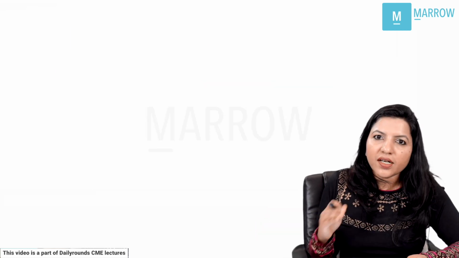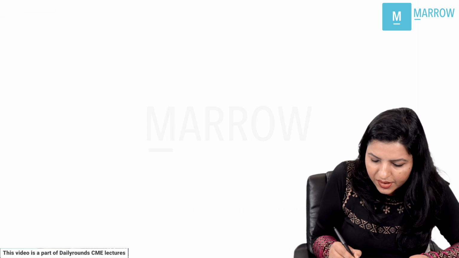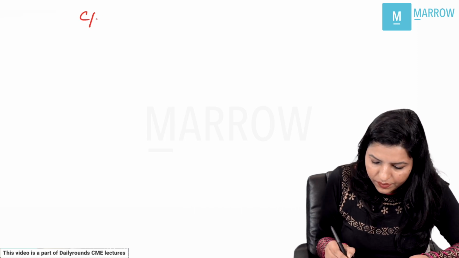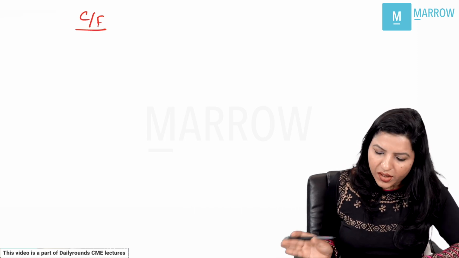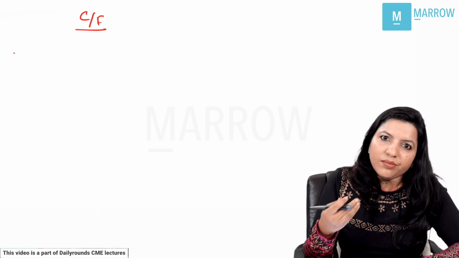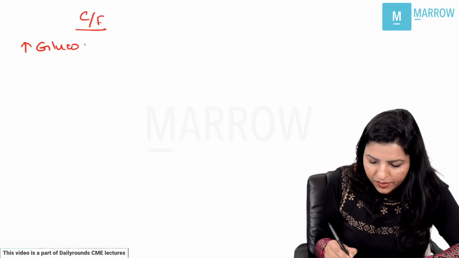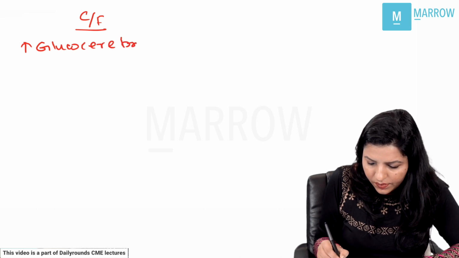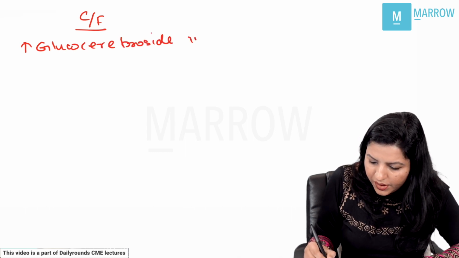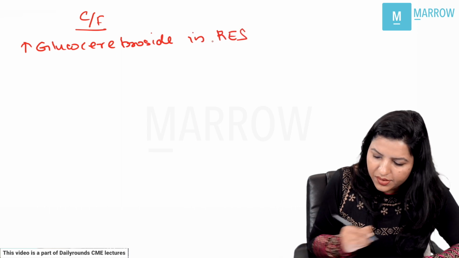Now we'll see the other features of Gaucher's disease, that is its clinical features. The clinical features can be explained by its accumulation. There is increased glucocerebroside in the reticuloendothelial system.